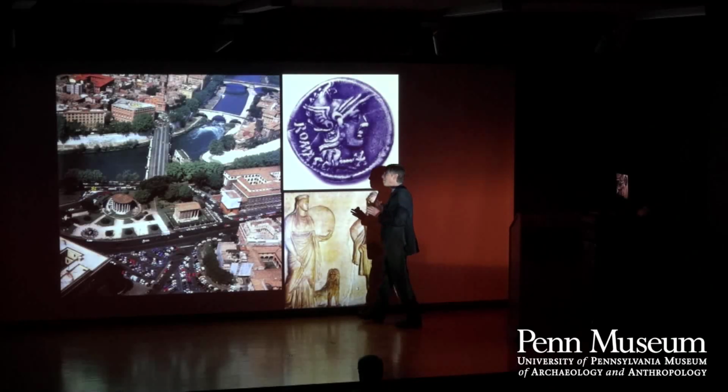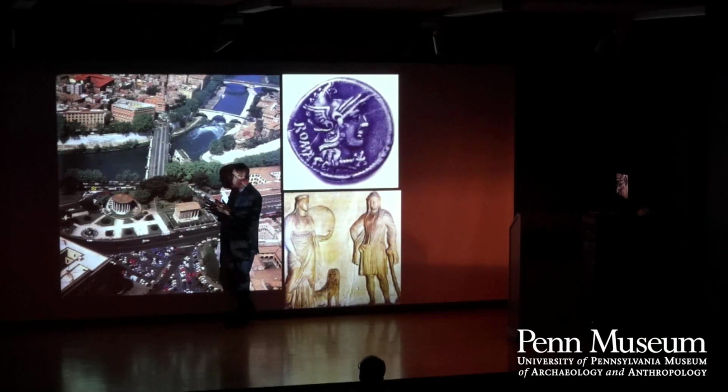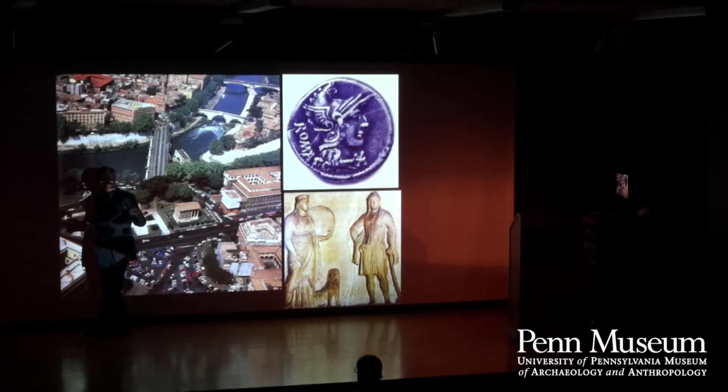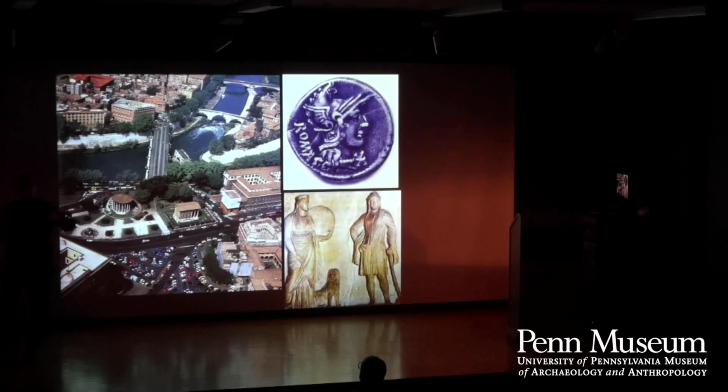At the same time, we find Rome engaged in military activities now far and wide. In the 5th century BC, Rome had really confined its activities to central Italy. That moves further to the north and further to the south in the 4th century. And then in the 3rd century, of course, we have the period of the Punic Wars, the wars between Rome and Carthage.